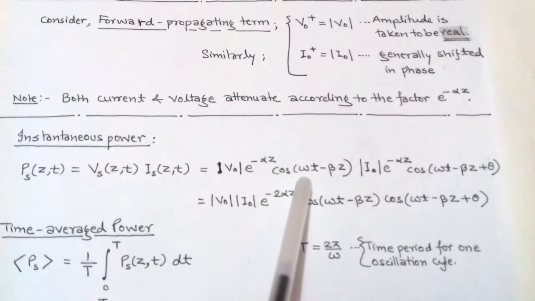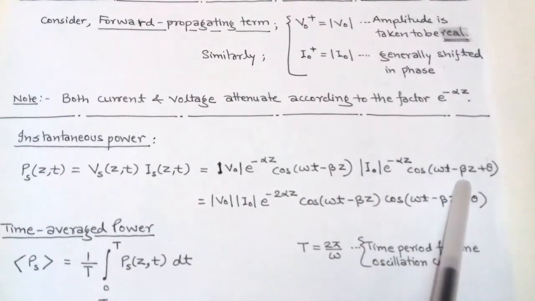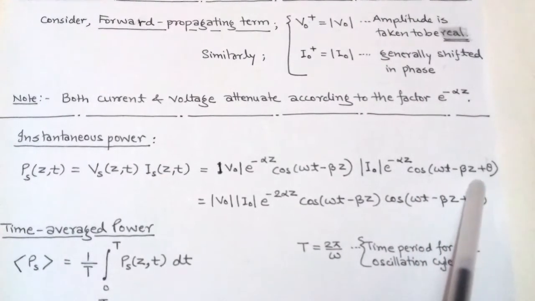Here the omega t term is due to the factor e to the power j omega t, and the instantaneous current equation is mod of I0 e to the power minus alpha z cos(omega t minus beta z plus theta).